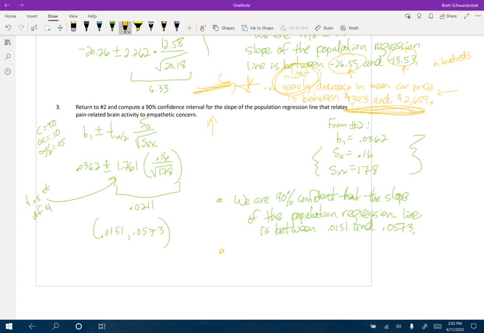That's going to be an increase in Y, brain activity. And yes, it is pain related, but let's just shorten it. Per 1 unit increase in X, which is empathetic concern, is between 0.0151 and 0.0573.